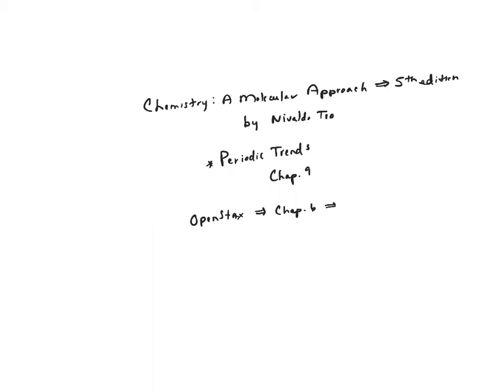So Chapter 6 in OpenStax is essentially quantum mechanics, as well as electron configuration, and then periodic trends at the very end.